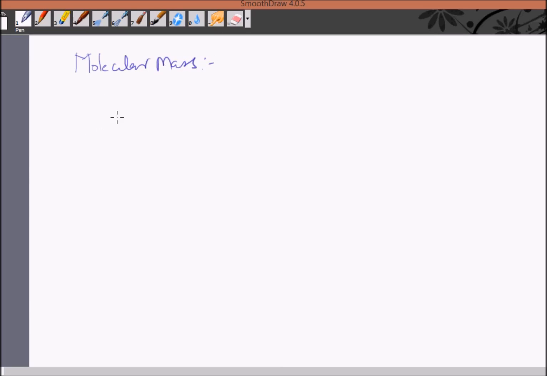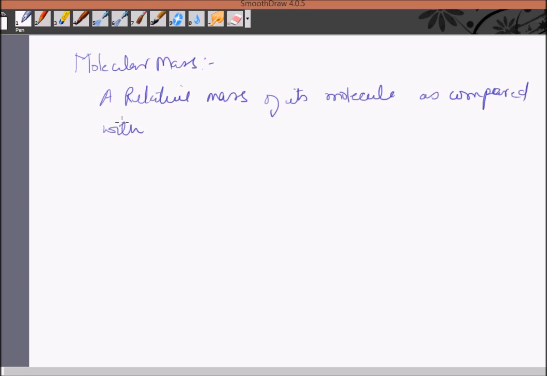It is nothing but a relative mass of its molecule as compared with the mass of C12 atom.